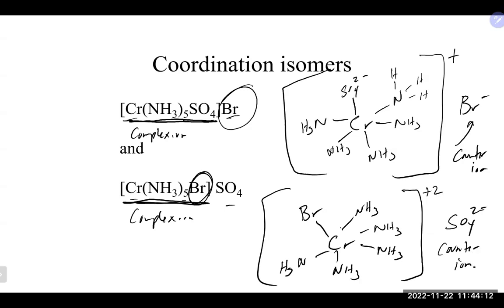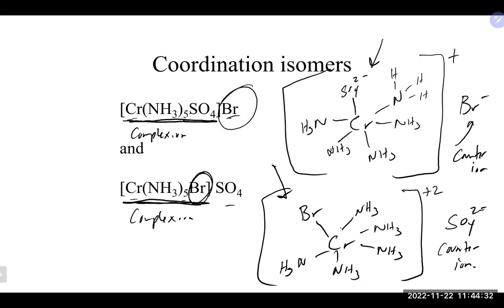So these are referred to as coordination isomers. They definitely have the same number of each element present, but the connectivity is different. And because the top one and the bottom one have some different ligands attached, they will probably also have some different properties.